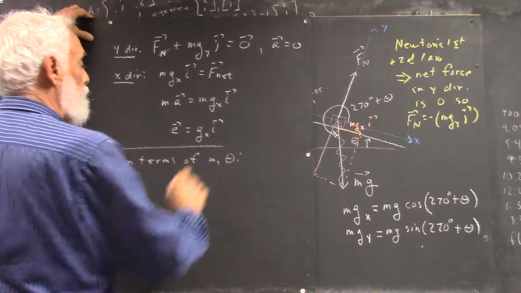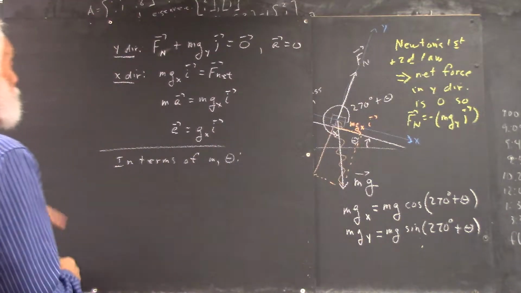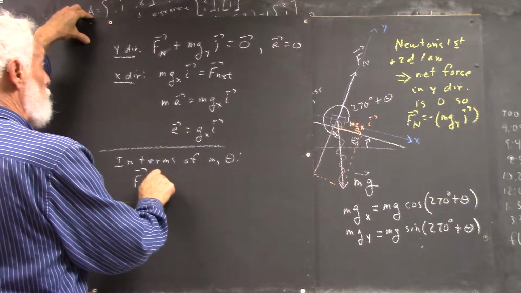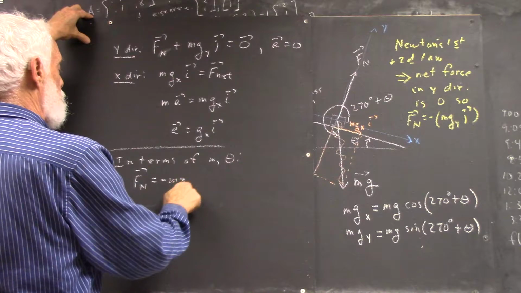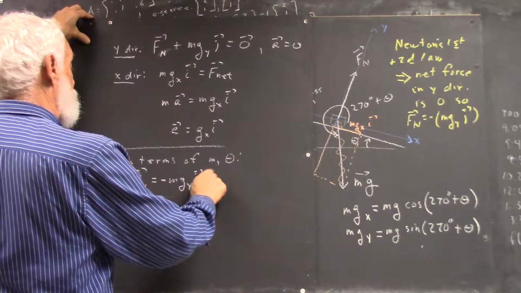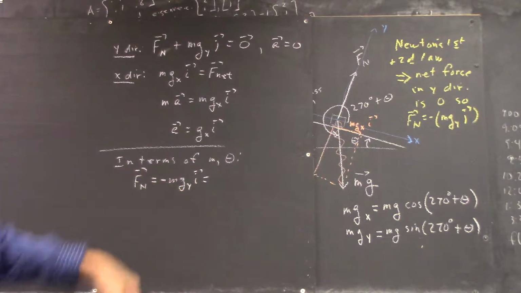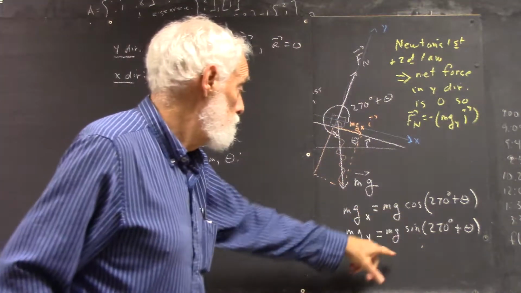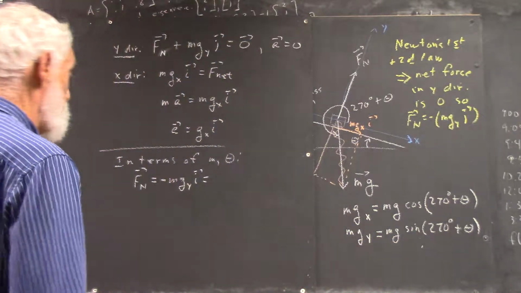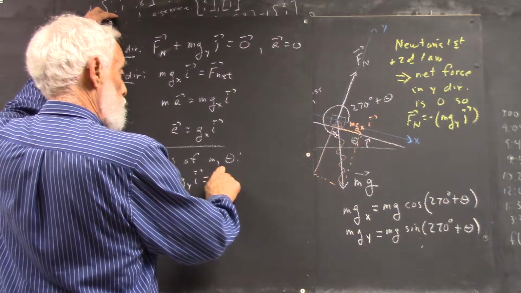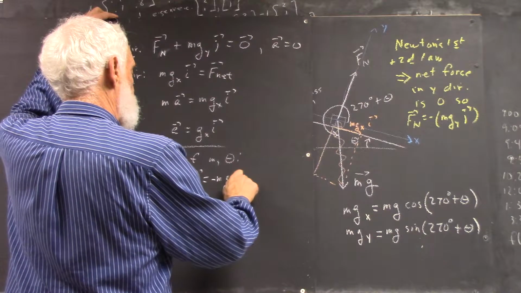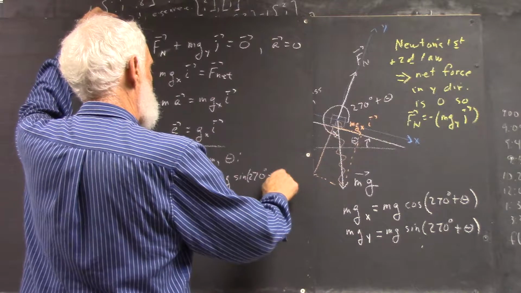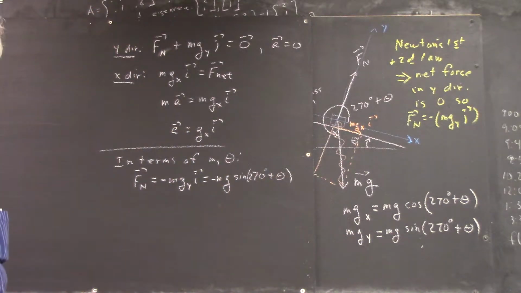So in terms of the mass m and theta, our normal force is negative the mgy times j, right? And mgy is this. So this is the negative of mg times the sine of 270 degrees plus theta, right?